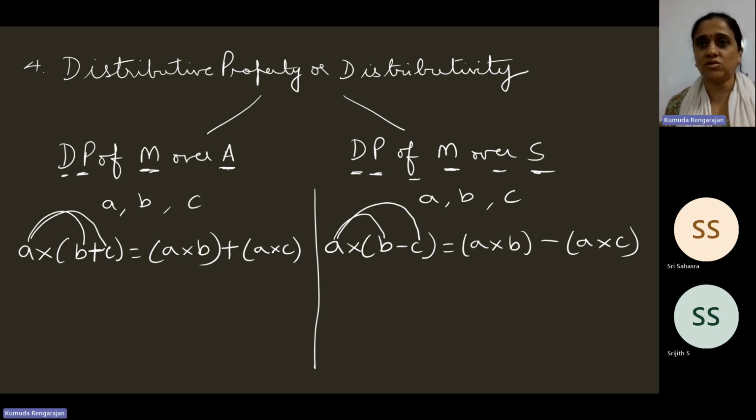So this is true. So this is the distributive property of multiplication over addition and over subtraction.